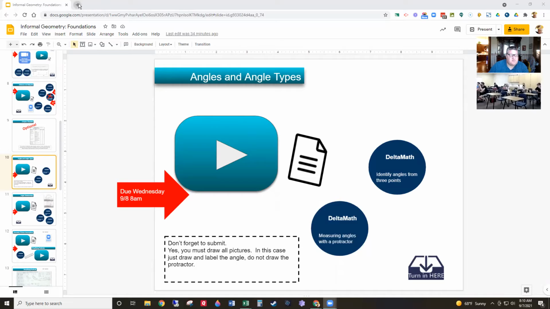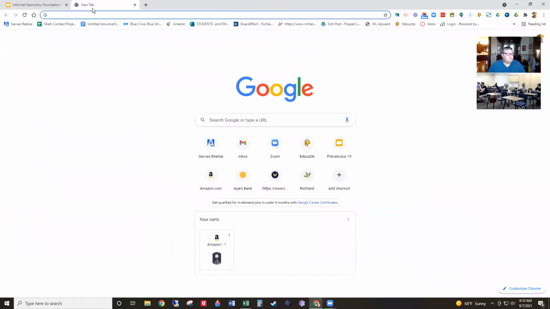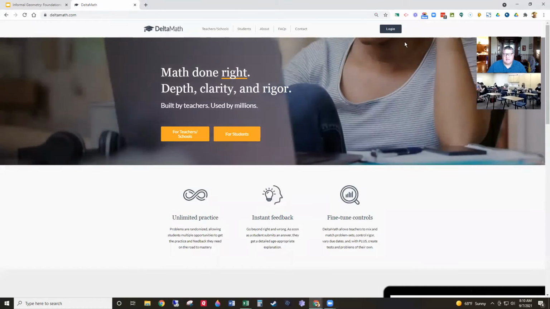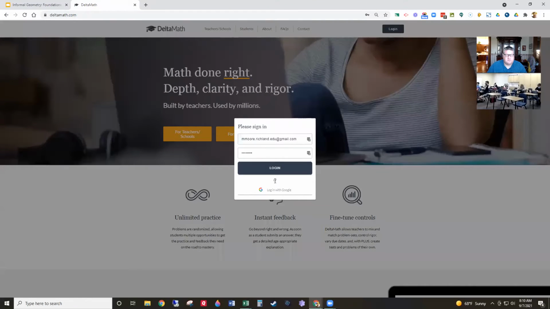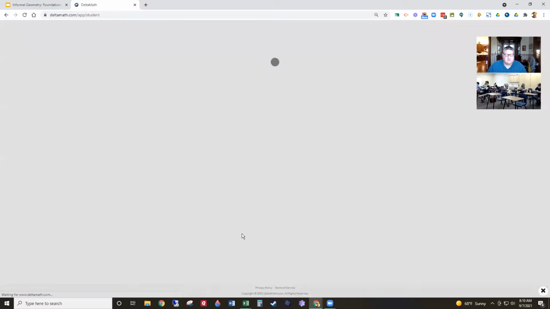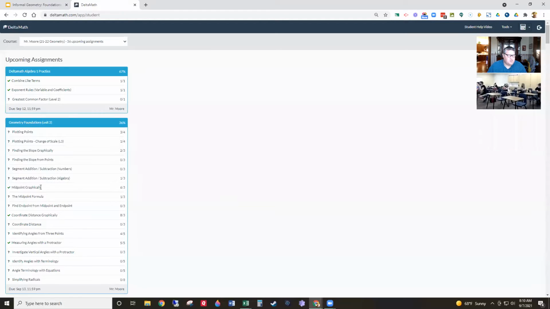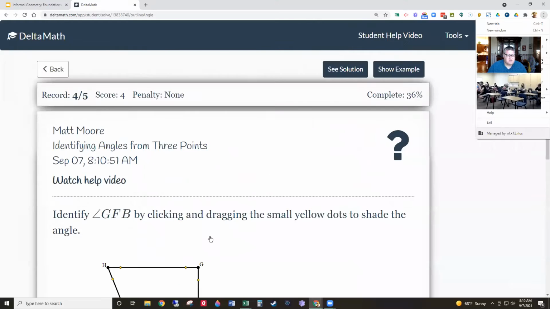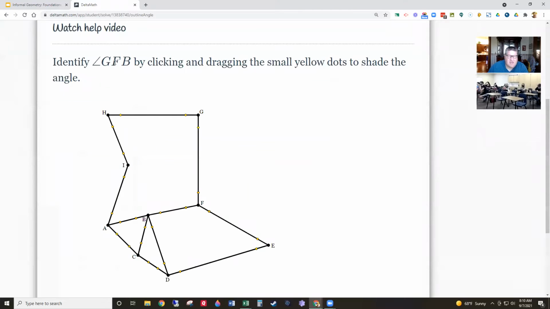So the other thing that we need to know about angles is that angles are labeled by 3 letters. And those 3 letters are very important because when we're naming angles, GFB, the F in this case, its placement is in the middle.